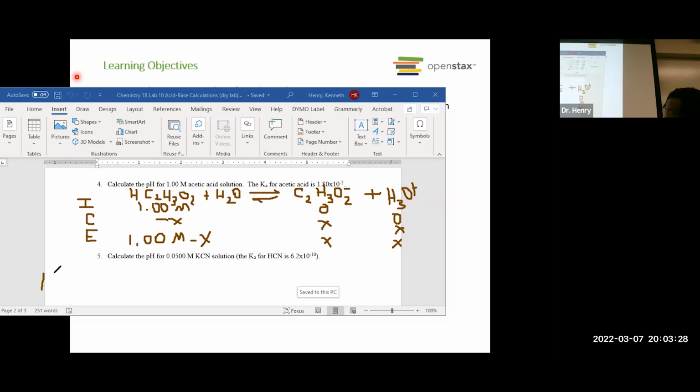So we have Ka equals products over reactants.